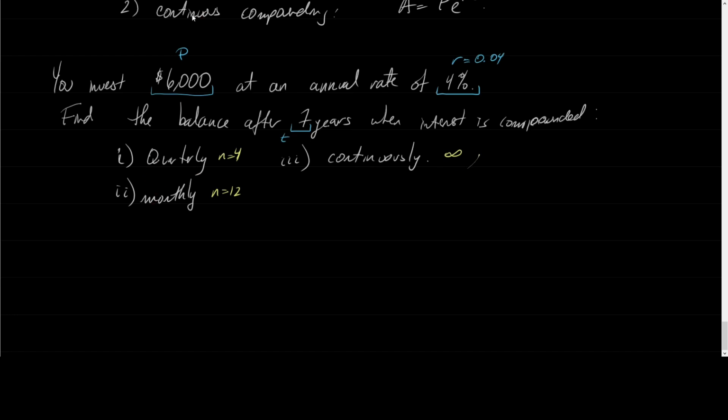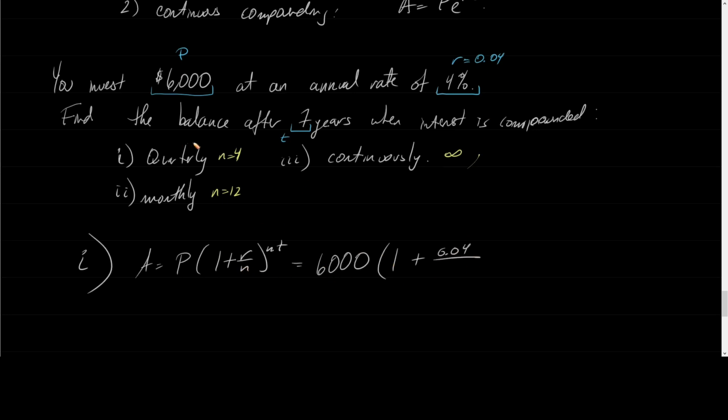Now, let's do the first one. If we're doing quarterly, we have that the amount is going to be P times (1 plus R over N) to the NT, right? Always write down your formula. Our principal is 6,000 times (1 plus our rate, 0.04, over N, and here N is 4) to the 4 times 7, right?